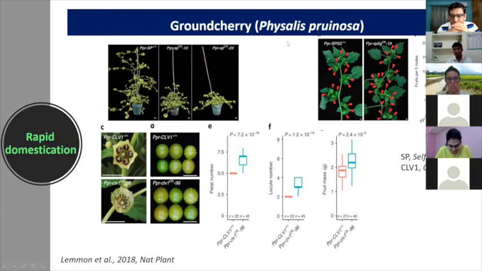This is another case where they knocked out another gene for fruit number. Ground cherry actually has a very small number of fruits, but you see here, the fruits per 5 nodes has been significantly increased in the edited one. So you get a compact stature of the plant, and then you increase the fruit numbers.